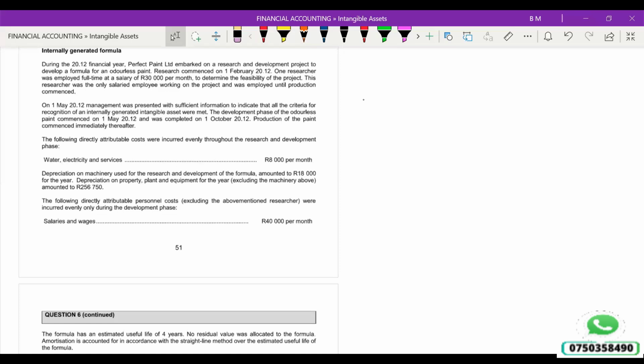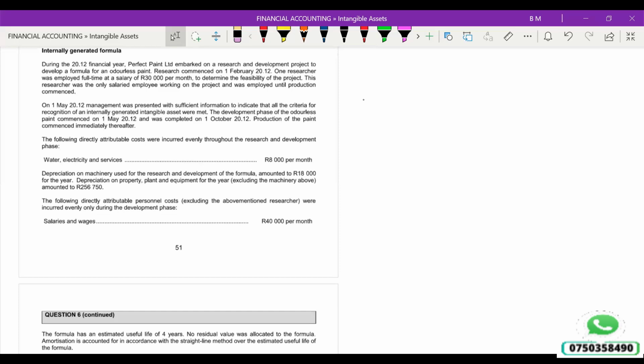So that means the depreciation that is going to be recognized under your expenses is the depreciation from the 18,000, going to see how many months were outside the research and the development, then plus 256,750. Following directly attributable personnel costs, excluding above mentioned research, were incurred evenly only during the development phase.